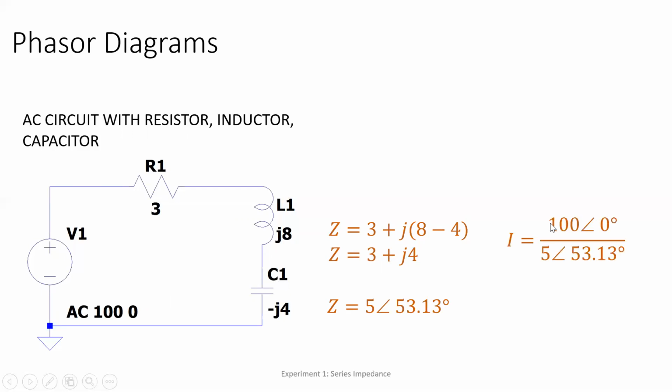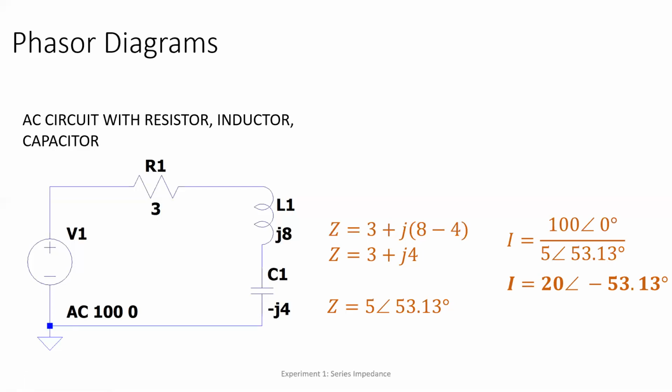So in solving for current, we have 100 bar 0 degrees divided by 5 bar 53.13 degrees. So current is 20 bar negative 53.13 degrees. Okay. So as you can see, the angle for current is negative.